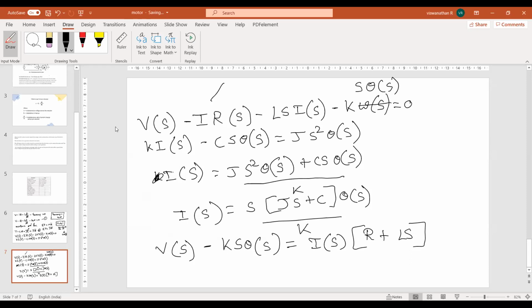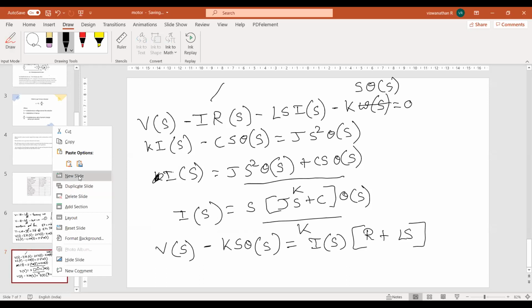So this equation is written like this: v of s minus ks theta of s is equal to I of s multiplied by r plus ls. Now we have I of s over here, so just substitute that. We'll do that in the next slide.